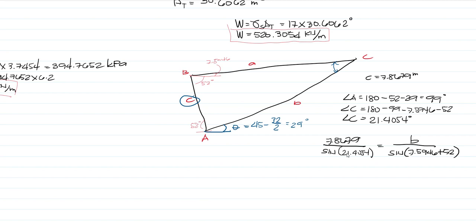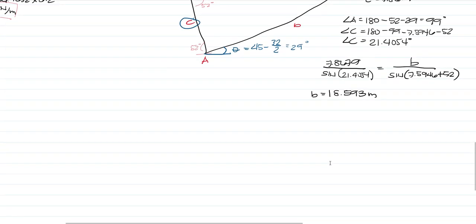So the value for this one now will be equivalent to B, which is equal to 18.593. So this is in meters. So now we can proceed in getting the area of the triangle.